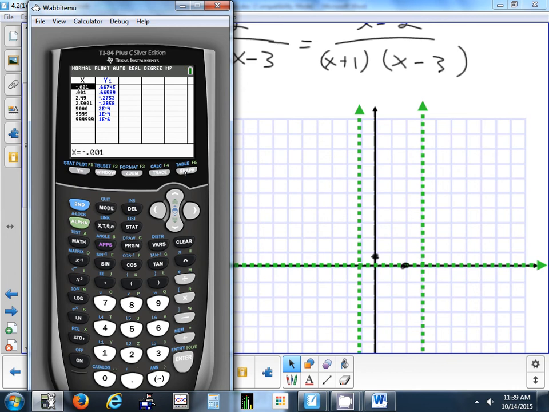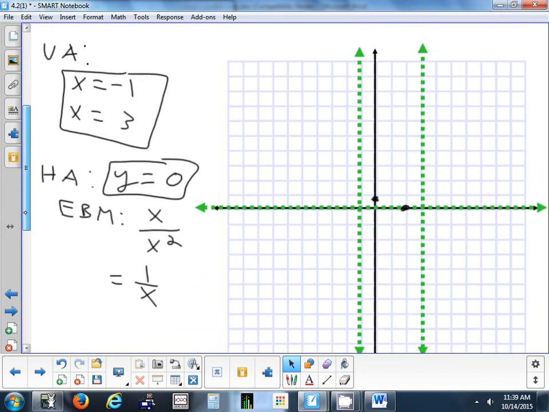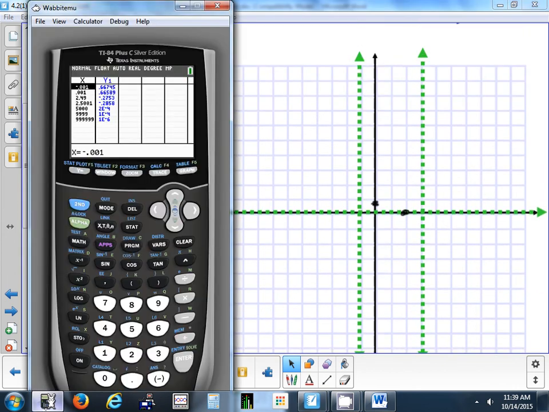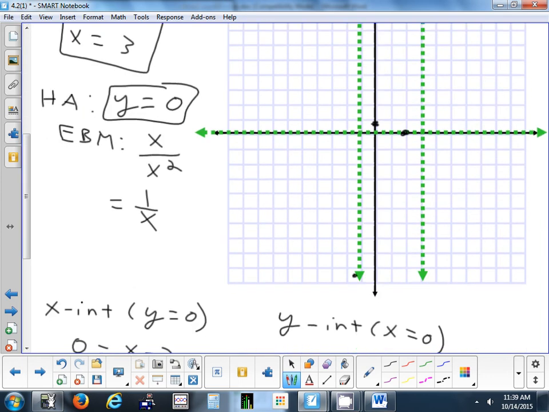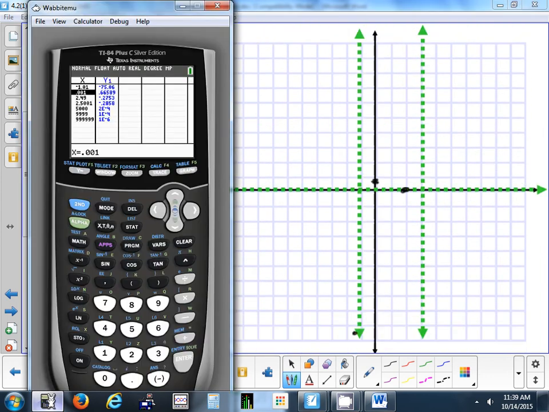All right, so my first vertical asymptote was at -1. So we'll check a value just to the left. Okay, and we're heading towards negative infinity. Okay, we'll check a value just to the right, but we should be heading towards positive infinity. Okay, and we are.